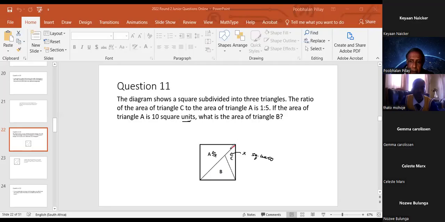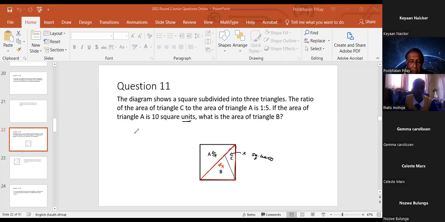So the area of this triangle, the area of this whole triangle, is also 5X. We already know that that is X. So it means that this other part must be 4X. But they do tell you that the area of triangle A is 10 square units.